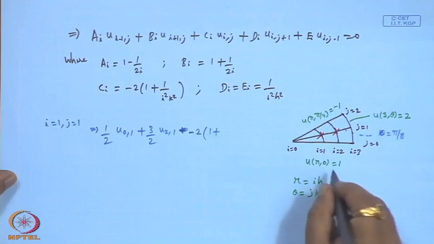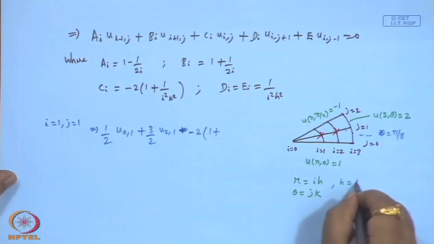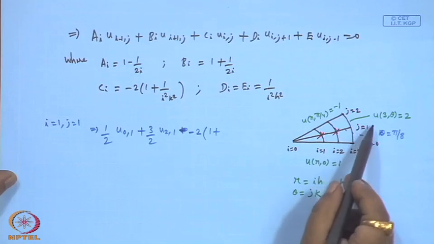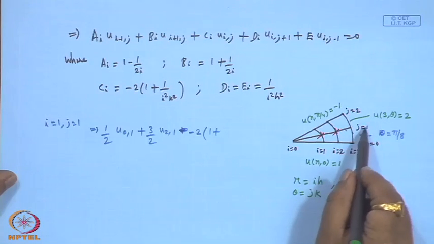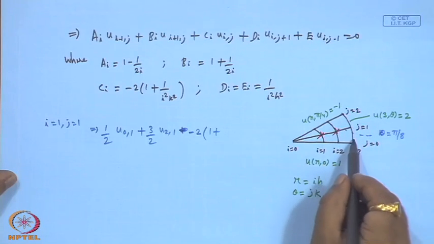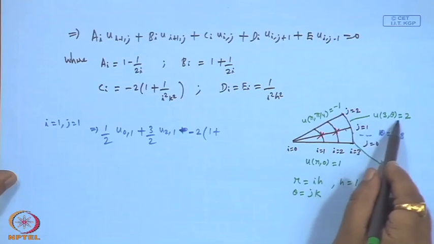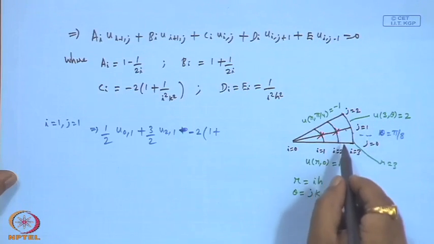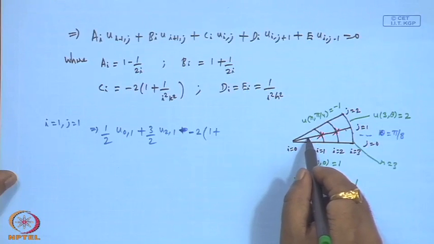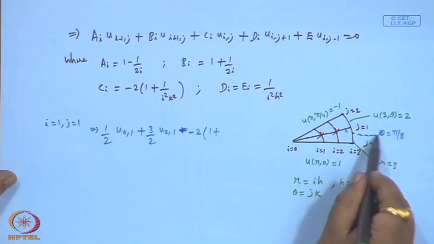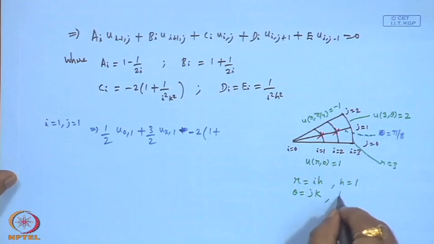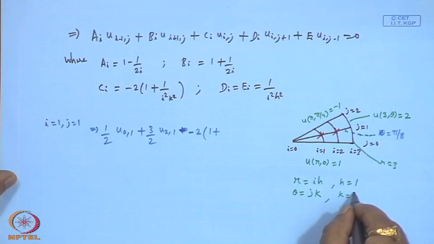Here h is taken as 1 because I have given this r equals 3. Accordingly I have given this line r equals 3, whereas for this line theta equals pi by 8, that means k is half.